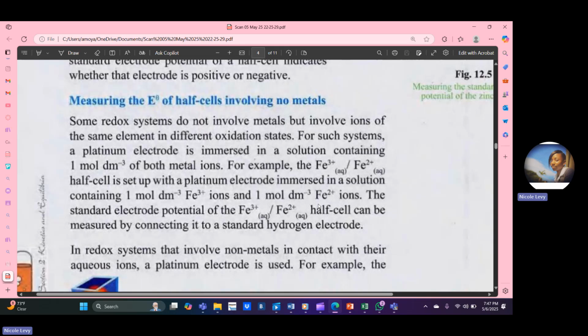So you're literally making up half cells with these ions. The electrodes are just different in this case in that you're using platinum, but the platinum will still be in a solution of these ions. So one half cell will be platinum with a 1 mole per dm cube solution of Fe3+, and the other half cell will be platinum in a 1 mole per dm cube solution of Fe2+ ions.